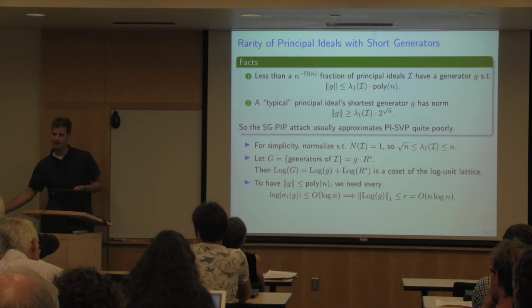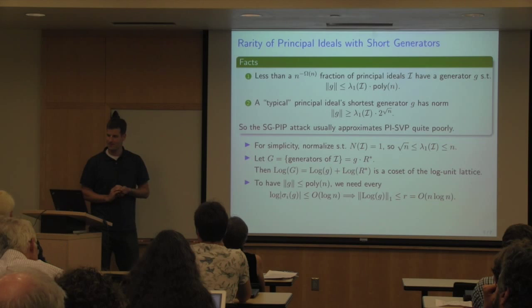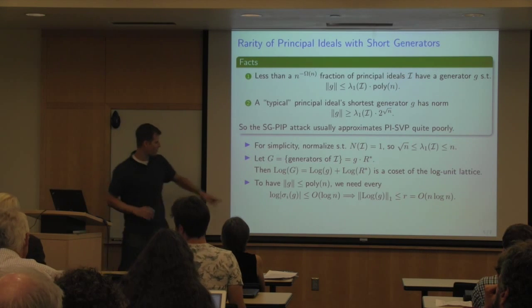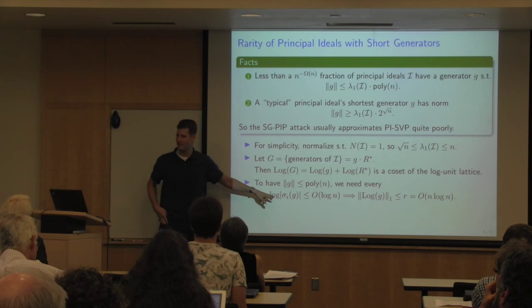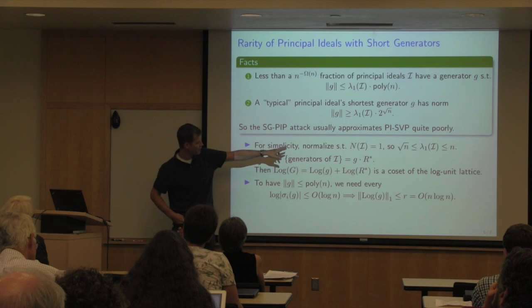Yes, yes. Oh, okay. You want me to say that, yes. The sum of the logs here is 0. Sum of the logs here is 0. That's right. Yeah. So because the norm of G is 1.